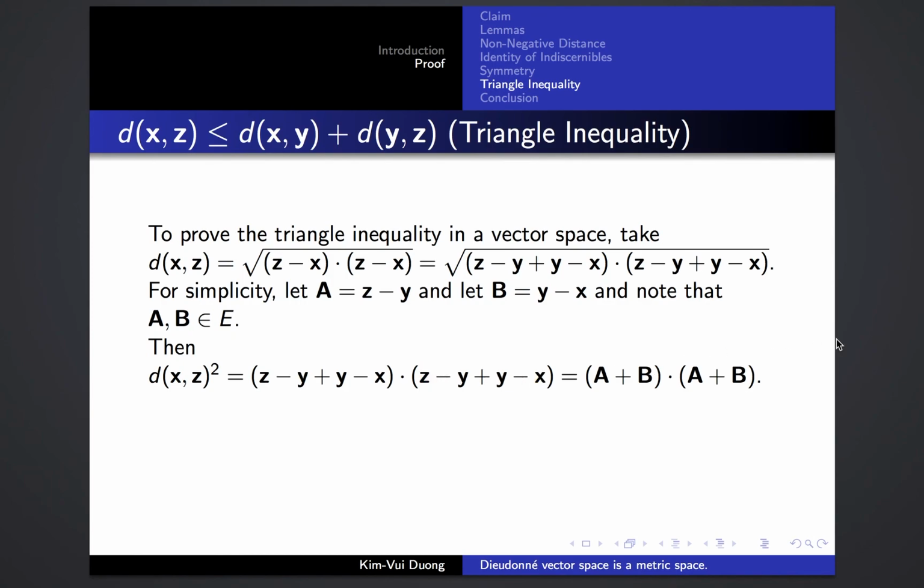And again, because of the dot product distribution, you can FOIL this.